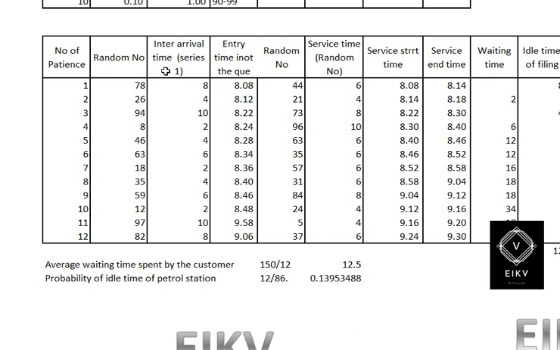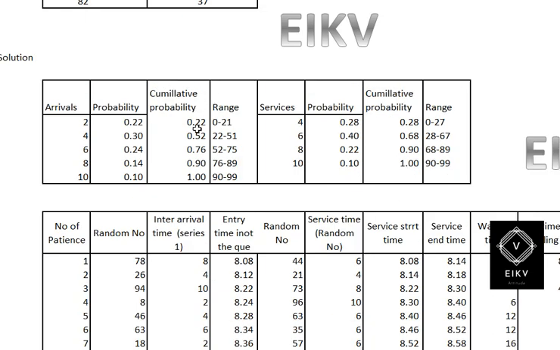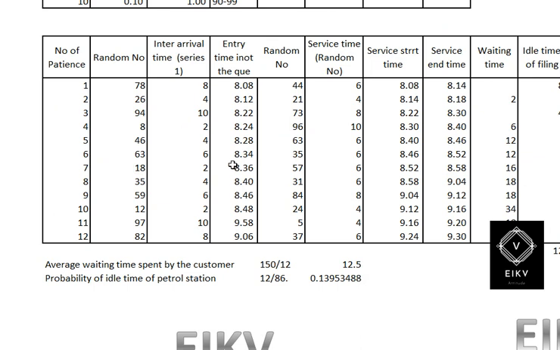Starting from the first one, the random number is 78. So 78 comes in the range 76 to 89, which is 8 minutes. So the customer will arrive at 8 minutes. So here the start time will be 8.08, right?